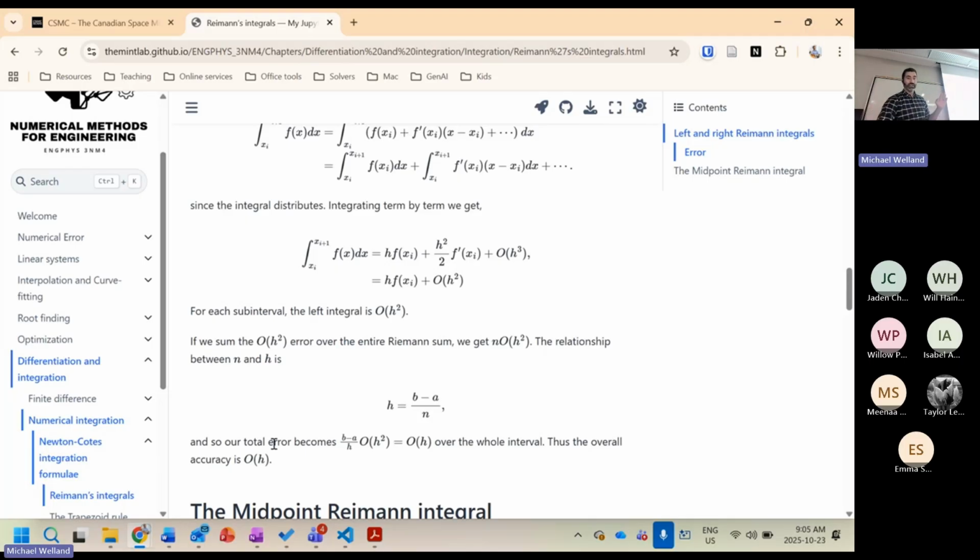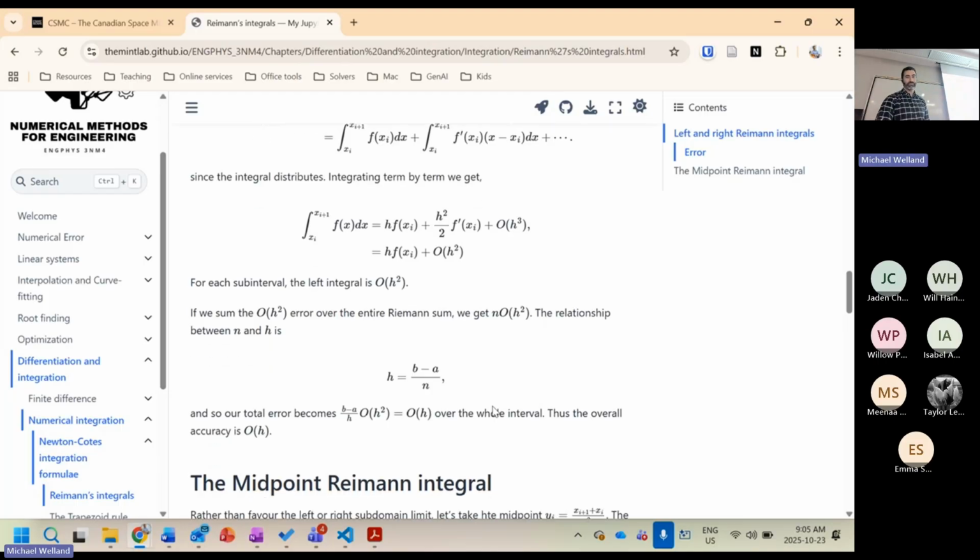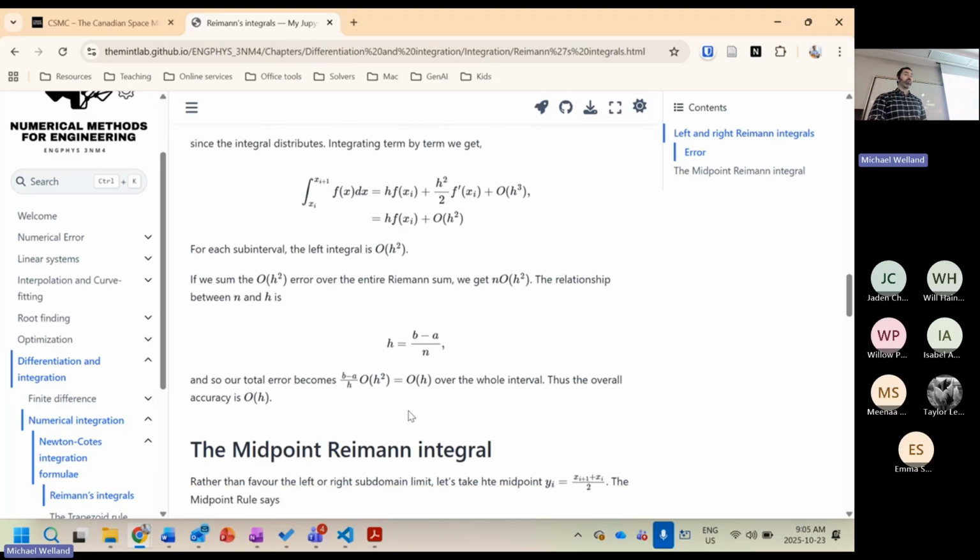How many more turns into also a factor of h, right? The smaller your step size, the more of these intervals and the more compounding of this error you're going to get. So the error for the global system is typically h times the local error for Newton-Cotes. That's all it ever is. So what that means is that the overall error for the entire integral is actually order h, not order h squared. Order h squared is only on the small integral.